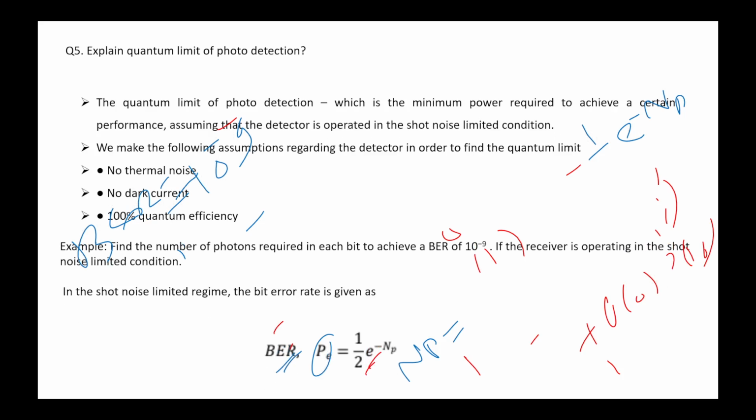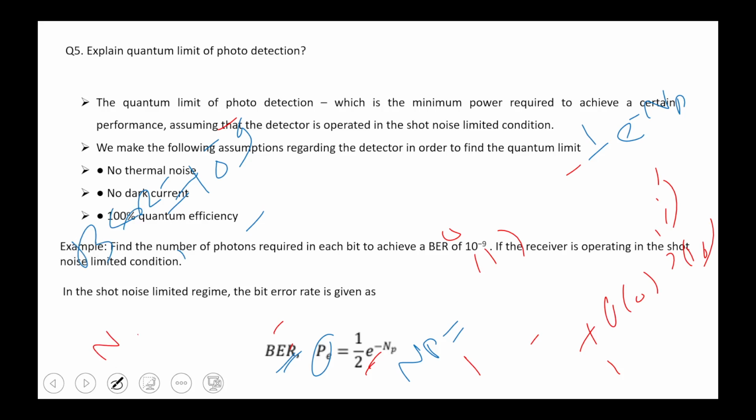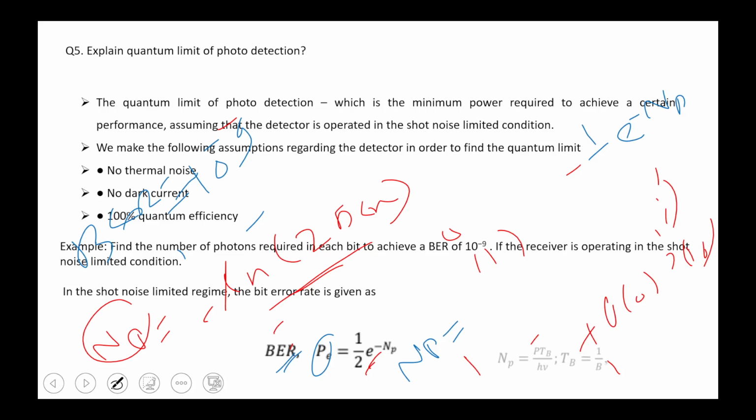NP will become equal to minus log 2 into bit error rate. So from that formula you can calculate the shot noise power, if the receiver is in the shot noise limited condition. And from noise power you can calculate the power P_T from this formula.